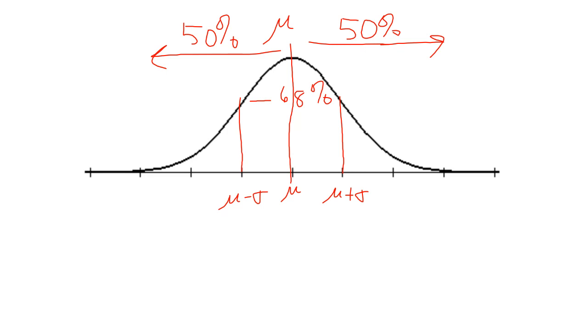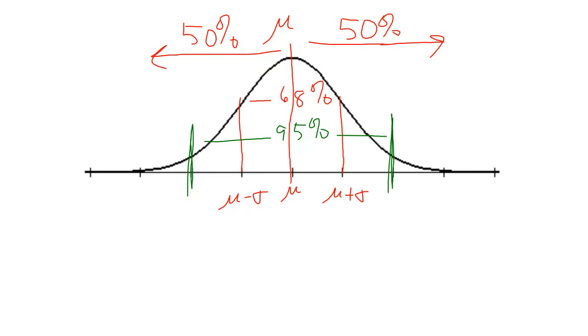Then we can go one more standard deviation. In between those two values is 95% of the data. So 95% of the numbers are between those two values.